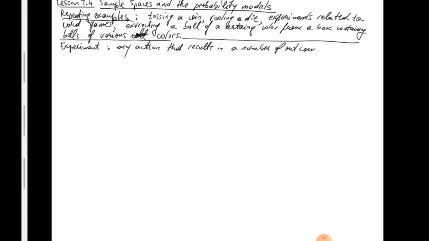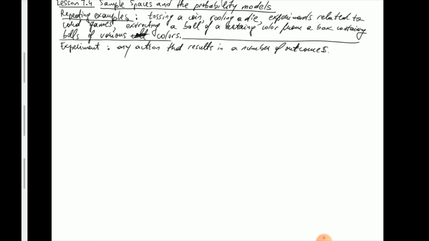But the certainty of what outcome shows up is not there. In other words, you don't know with precision what the outcome is going to be when you perform that action. So there is a certain likelihood of each outcome.